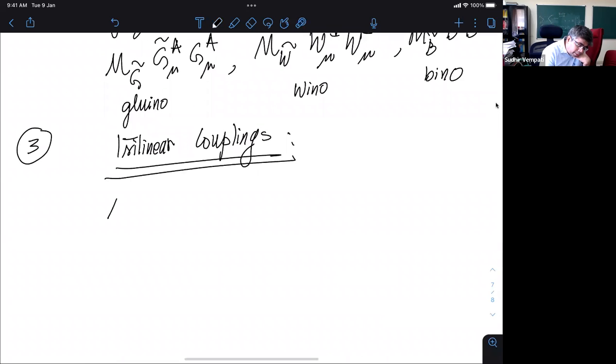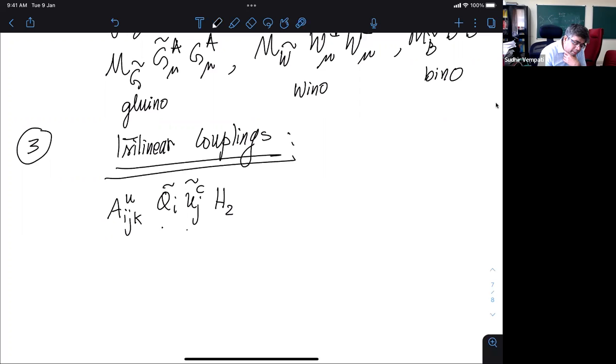So this is A_ijk: Q_i, A^u_ijk, Q_i tilde, U_j^c tilde, H2. These are tildes, so this is a scalar. H2 is a scalar.